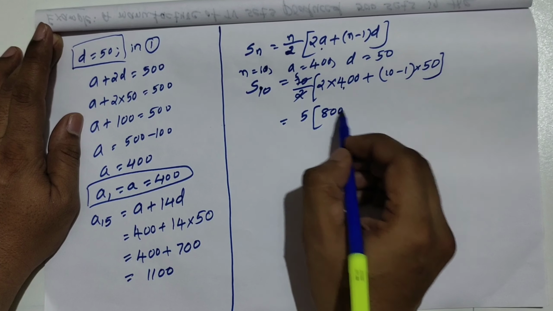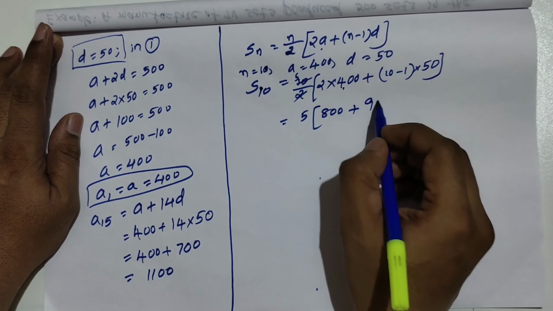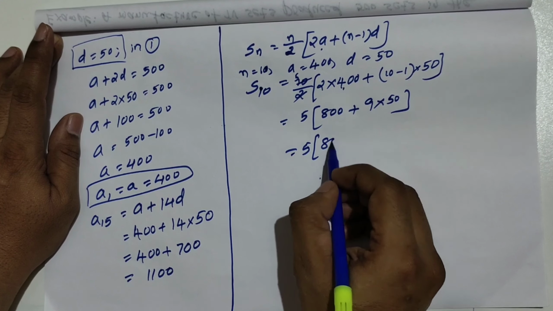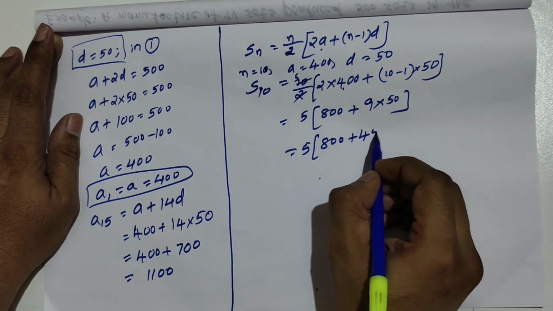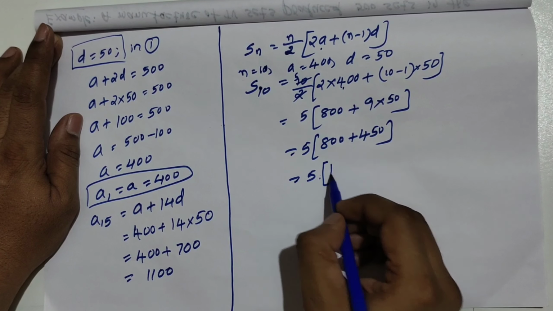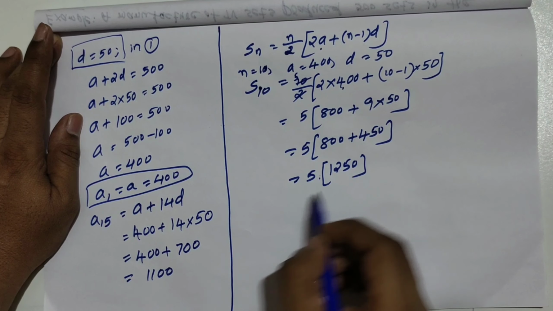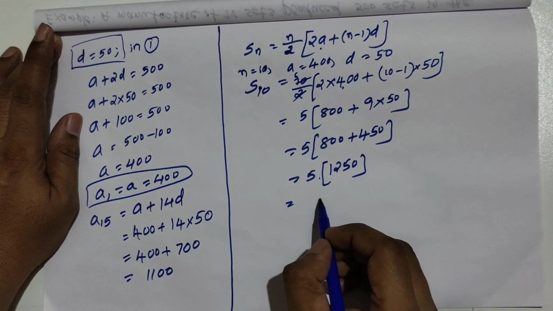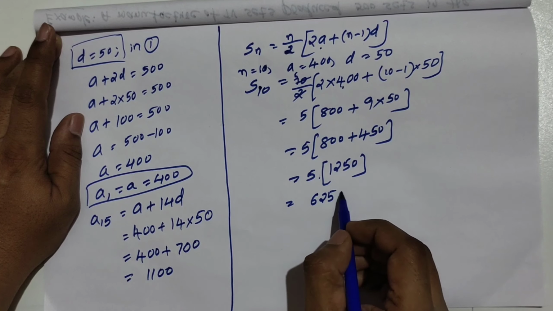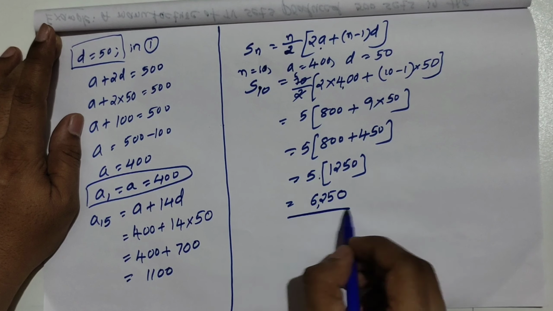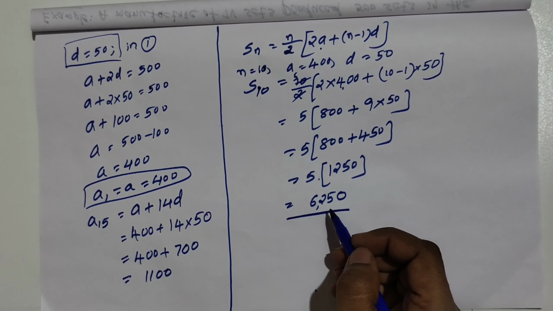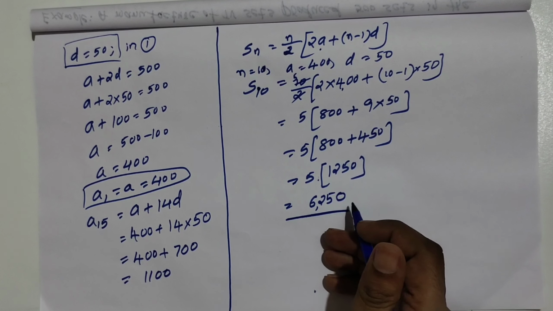So 5 into 800 plus 9 into 50, that is 5 into 800 plus 450, then 5 into 1250. On multiplication we get 6250, that is totally 6250 TV sets are manufactured in 10 years.